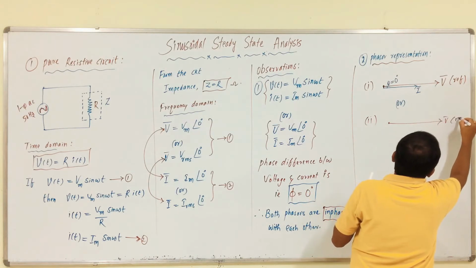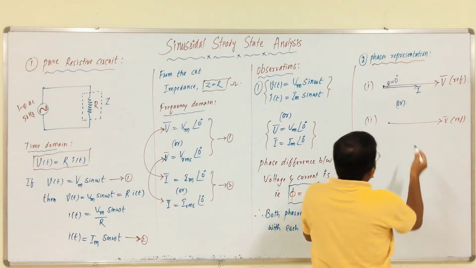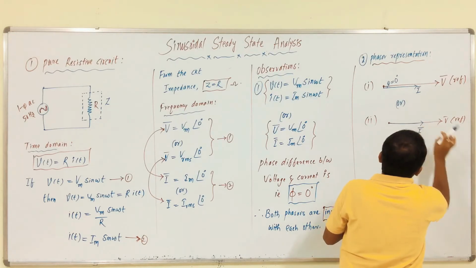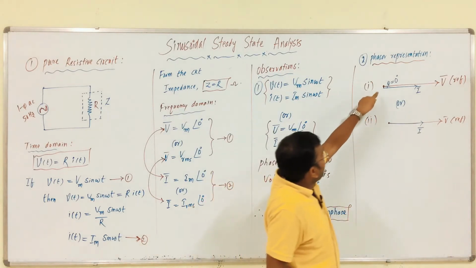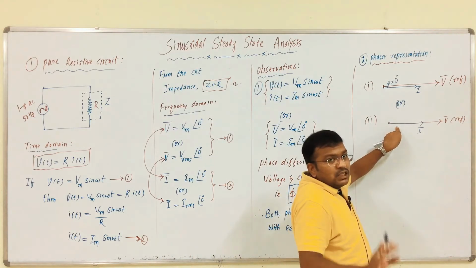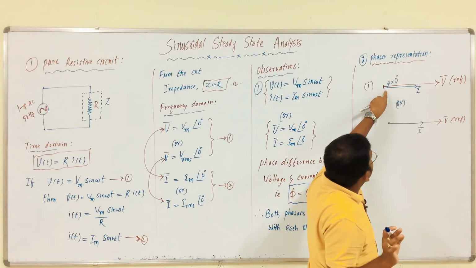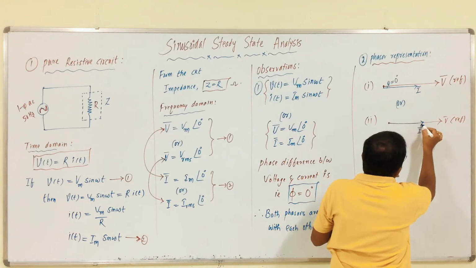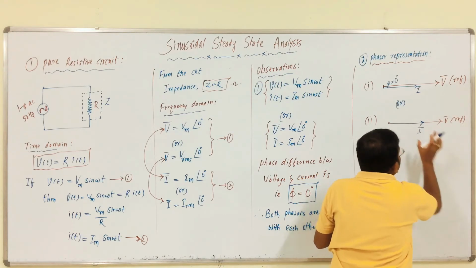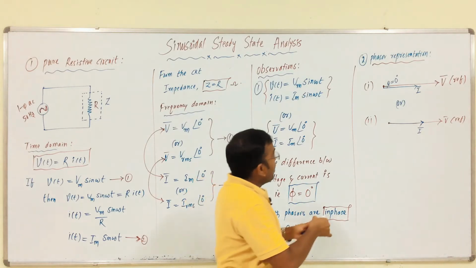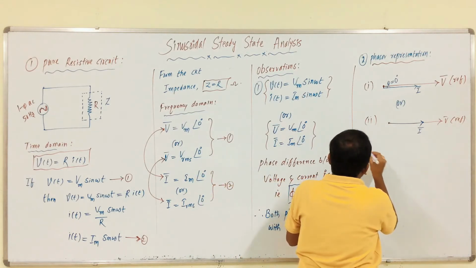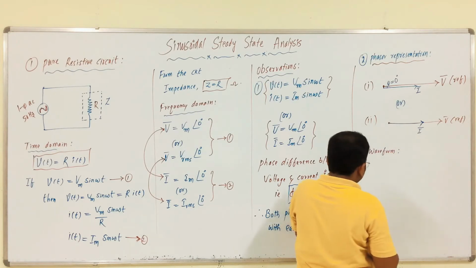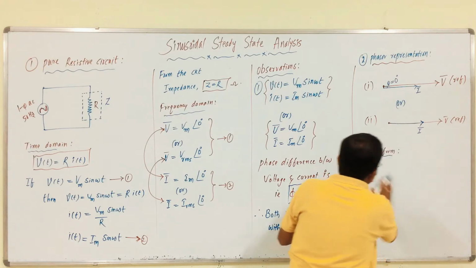This is V, this is taken as reference, therefore the current phasor should be like this. So, you can draw either in this manner or in this manner, there is no problem at all. If you represent in this manner, it is very appropriate, or in some textbooks they represent like this, along with this voltage we have to write this current. Then waveform representation, third one, waveforms.